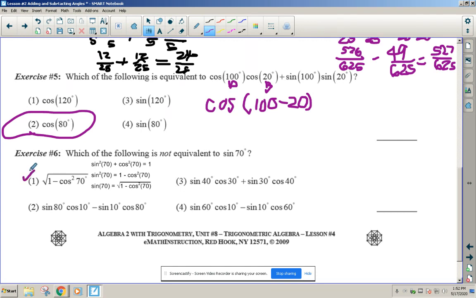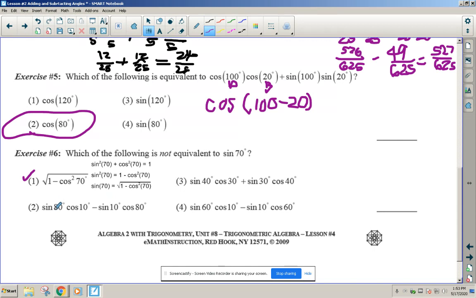So that one took a little bit of time. Let's take a look at number 2. Cosine of 80, cosine of 10, minus sine of 80, sine of 10, cosine of 80.